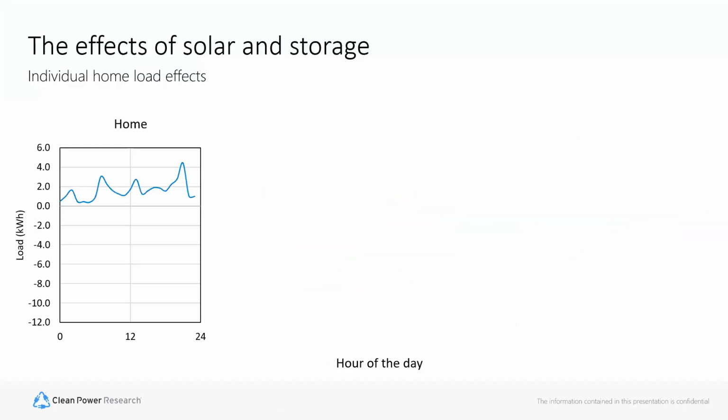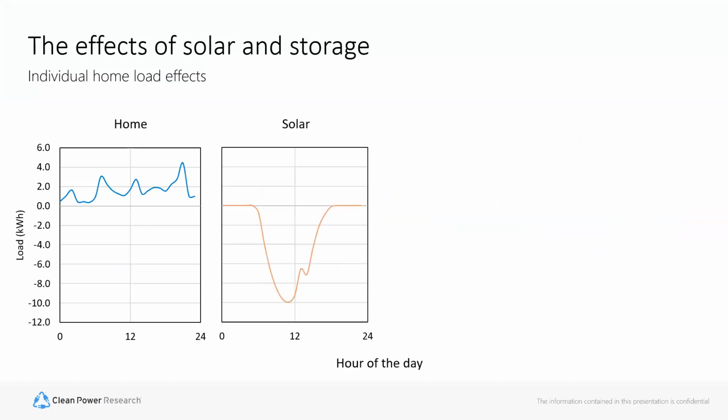All right, and so of course, in this session, we're talking about solar and storage because, just like many of the other sessions we've had, solar and storage have a huge impact on individual net loads. So this is one of my colleagues' homes. He has solar and storage, and this is his load throughout the day for just a single day that I picked out of his data set.